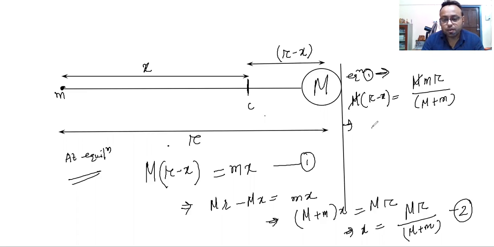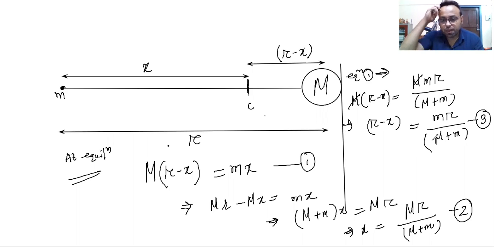You'll have r - x equal to mr divided by M + m. So r - x is equal to mr by M + m. This is equation number 3. So you got the value of x and you got the value of r - x as well.